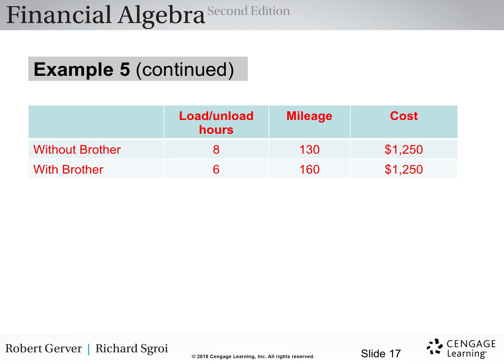Okay, you can see here in this table, for without her brother and with her brother, we're comparing the same cost, but the hours, notice, are different and the mileage is different. So the labor cost plus the truck rental is equal to the total cost, which in this case is $1,250.